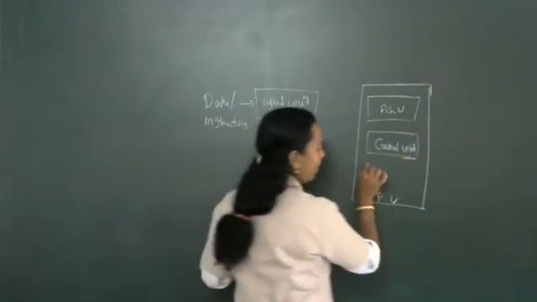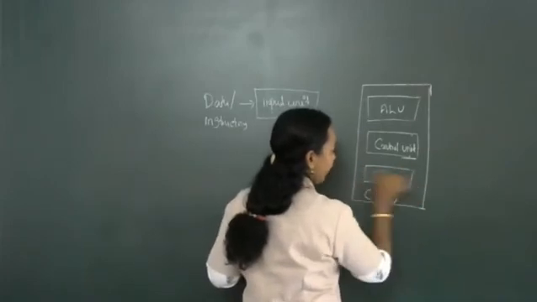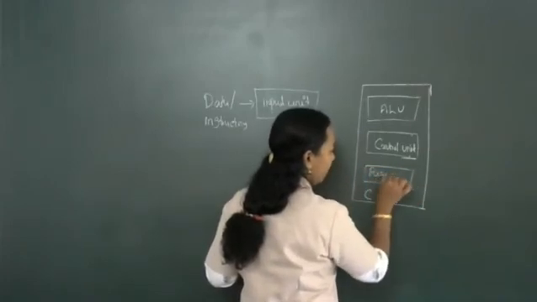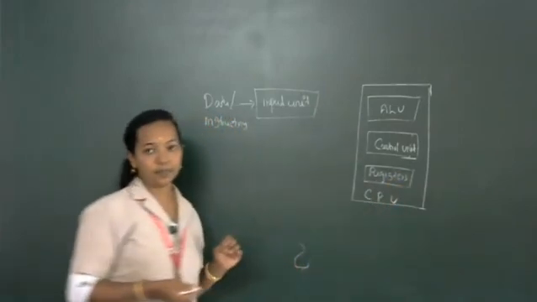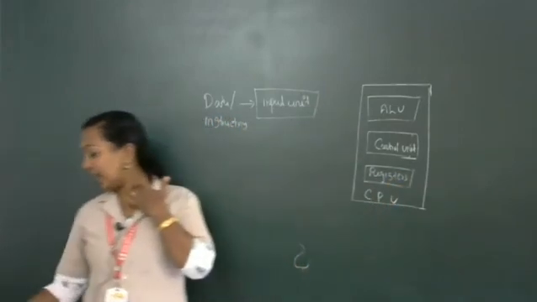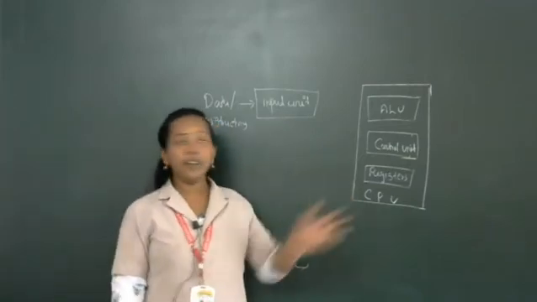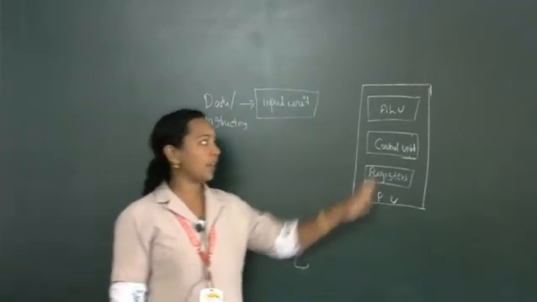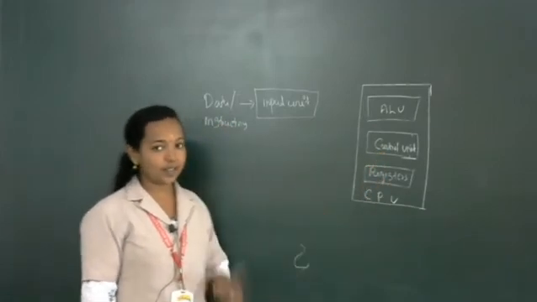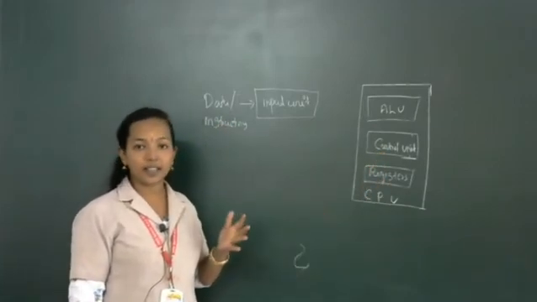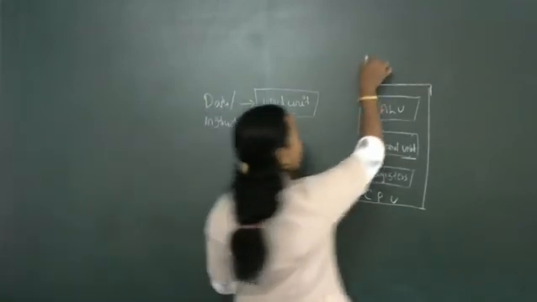And one more is there, what is it? Registers, temporary storage devices. So these are the three parts present in the central processing unit: arithmetic logic unit, control unit and registers. One unit is missing. What is it? Storage unit.